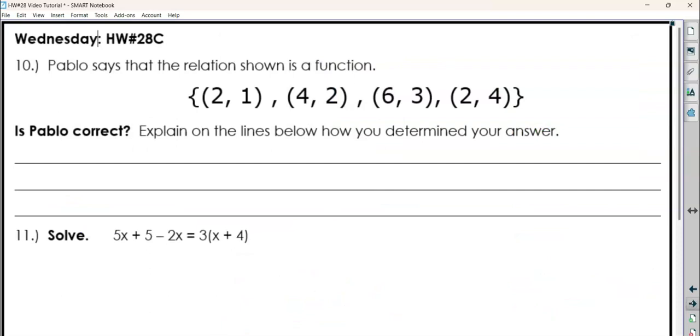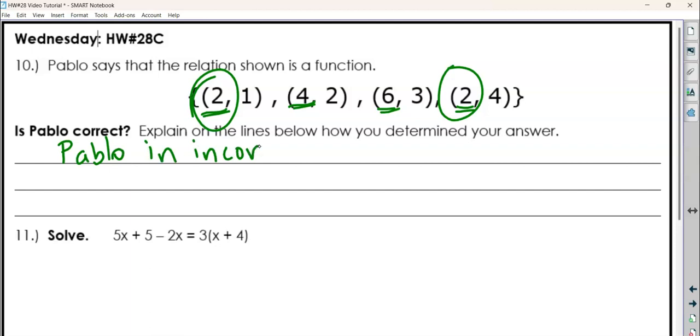Pablo says that the relation shown is a function. Well, we just went over that. So let's look at our x values. Is Pablo correct? Explain on the lines below how you determined your answer. Pablo is incorrect. I have to answer the question. Pablo is incorrect.